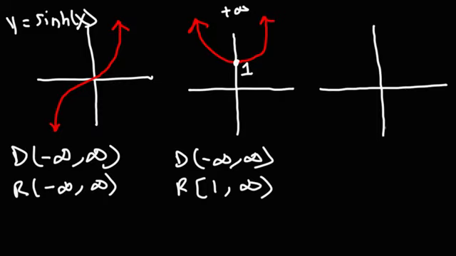Next we have hyperbolic tangent, which is bounded by 2 horizontal asymptotes: y equals 1 and y equals negative 1. Hyperbolic tangent touches the origin at 0, and then it's going to follow each asymptote. So that's a rough sketch of hyperbolic tangent.